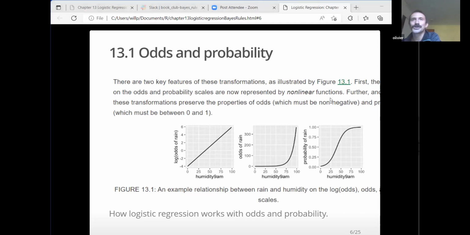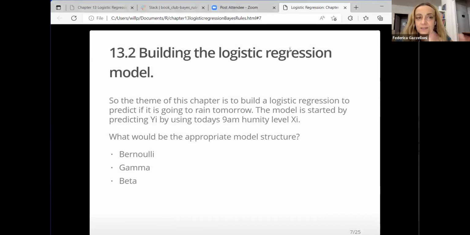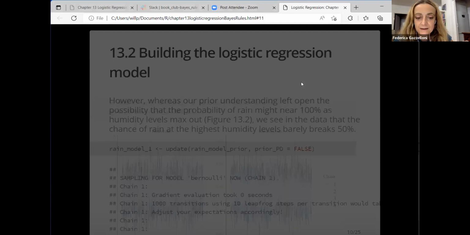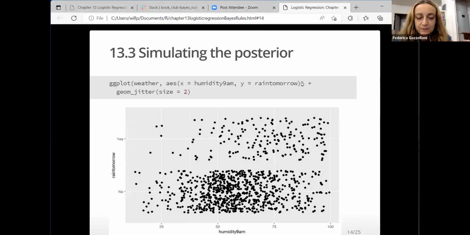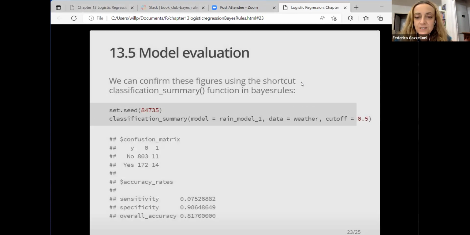Well, we cannot solve this issue, but we use the logistic regression to say it rains or it doesn't rain. So one is 0 and the other is 1. So we have a binary response variable, and then we use just humidity and the stan_glm model.